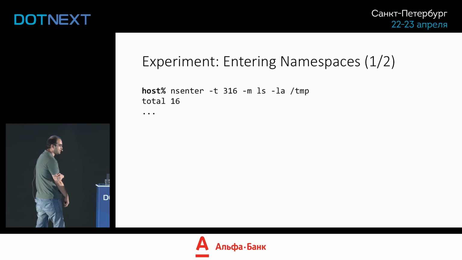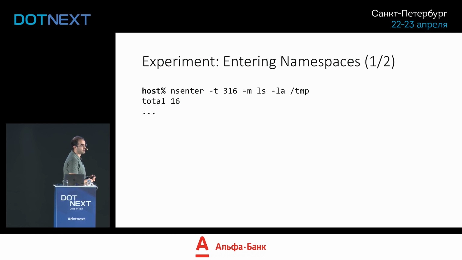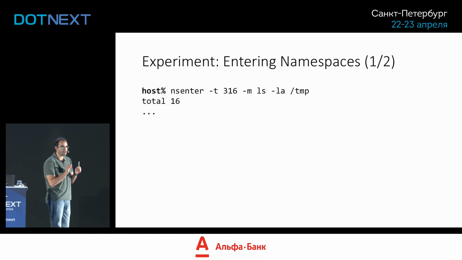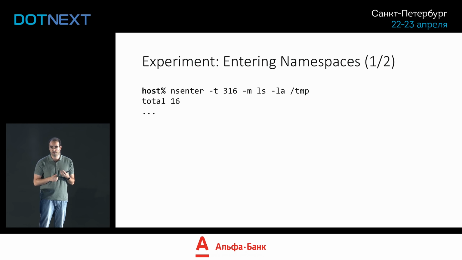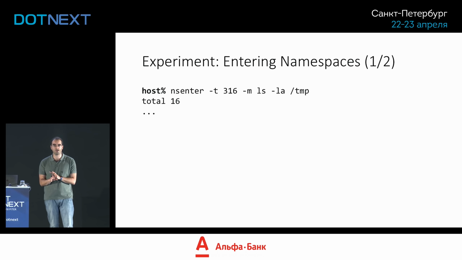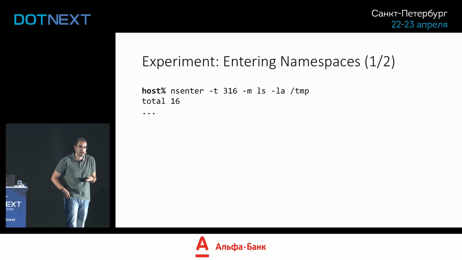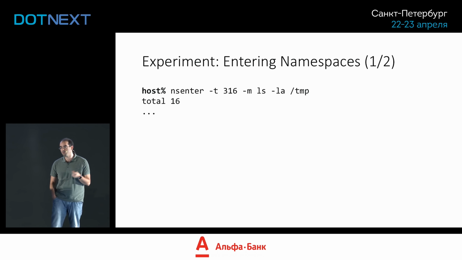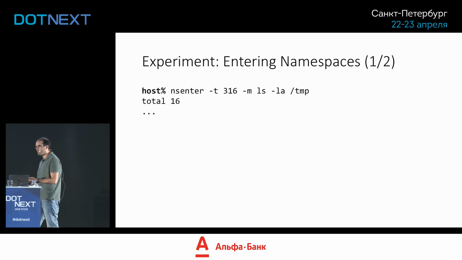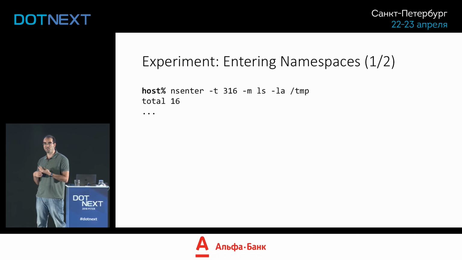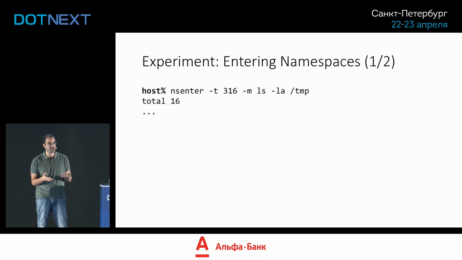All right, so the basic way to do it is using nsenter, which is a very, very thin wrapper on top of a Linux system call that we'll see in a moment. nsenter has nothing to do with Docker. It will work with any namespaced process. What it does is it enters the namespaces of that process and then runs a command for you from the namespace.